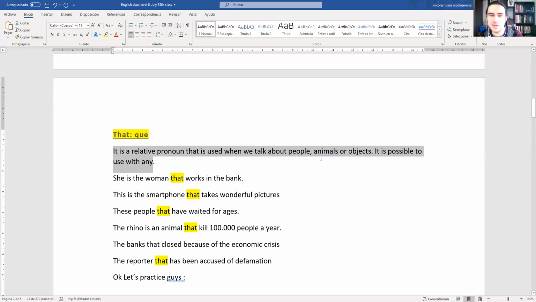So it is possible to use it with any, all right? If you talk about a person, you can use that. If you talk about an object or a place or an idea, whatever, you can use that, okay? So this relative pronoun is used for any, for people, for objects, for animals, whatever, right?